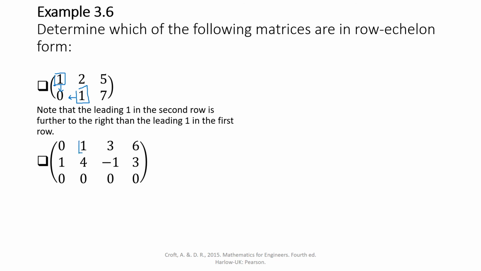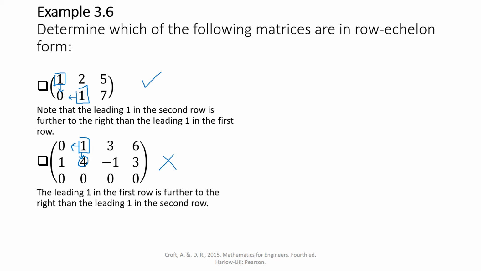It has a leading one, yes, but under it there is no 0. This 0 is okay, but under it there must be 0. So this is not an echelon form, and this is an echelon form.